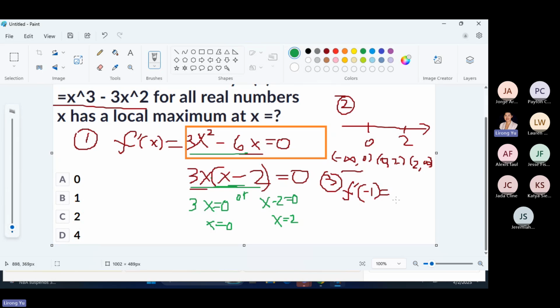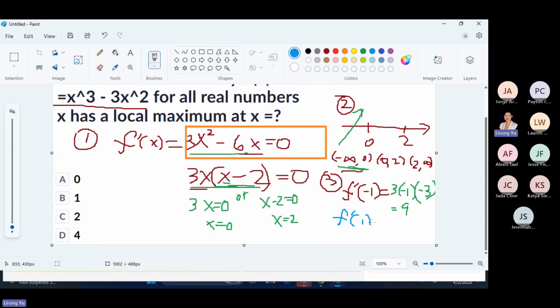So we have 3 times negative 1 multiplied by negative 1 minus 2, which is negative 3. As you can see, it equals 9. If you multiply it out, it's positive. So we know the function is increasing in the first interval. The second interval is between 0 and 2, so we calculate a value between 0 and 2.